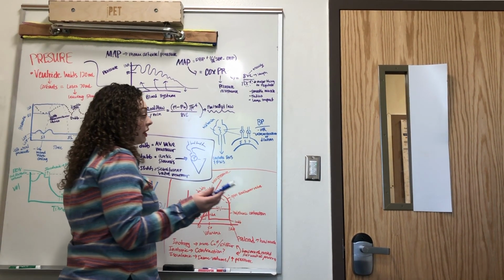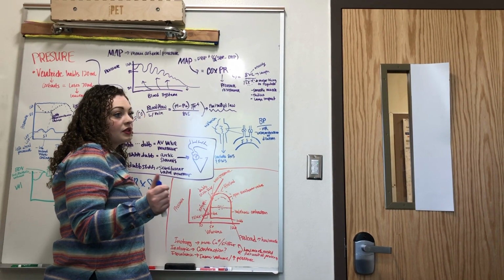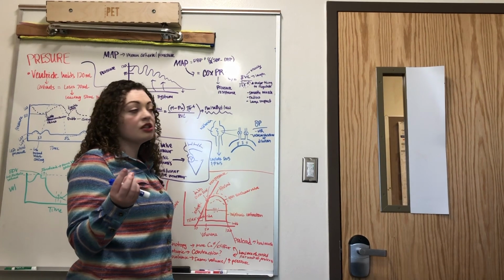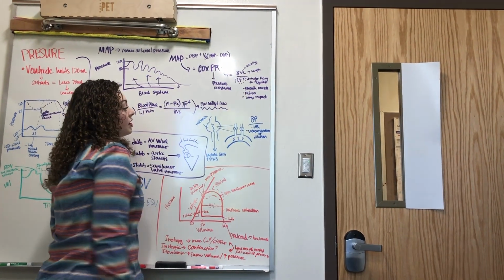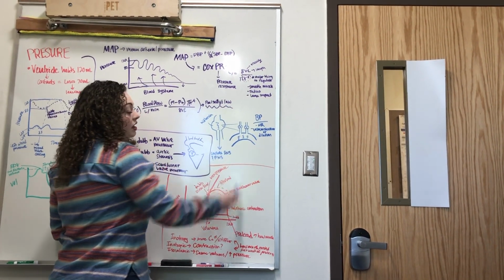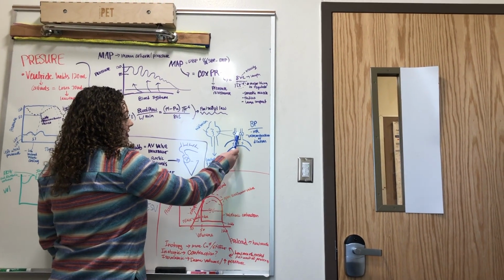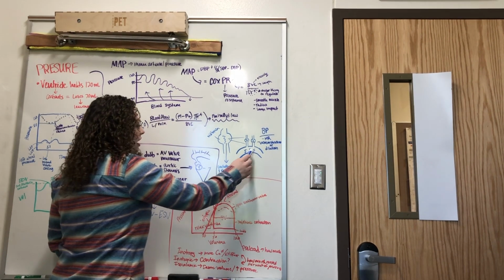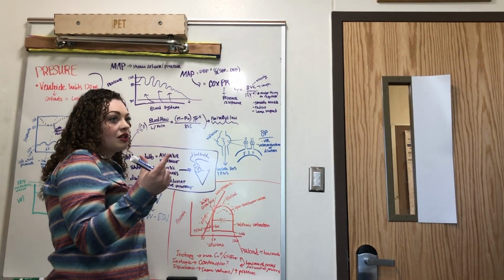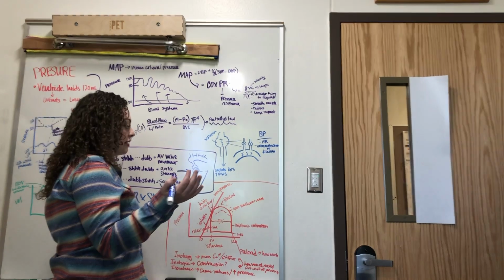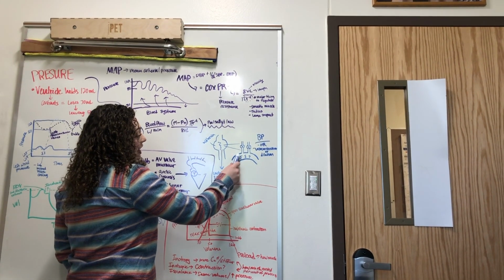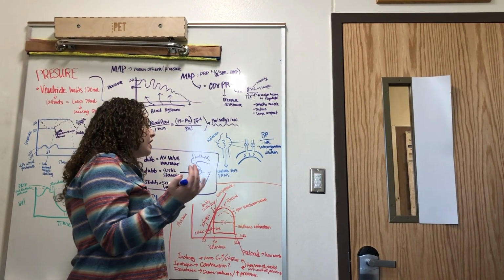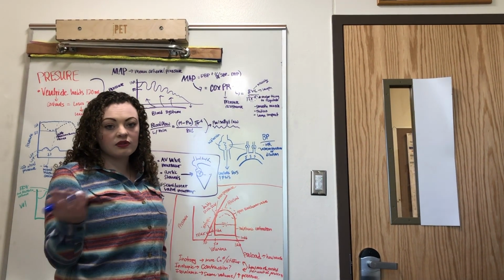So one more thing really quick. We're going to talk about baroreceptors and how our body knows that, hey, we've got a problem, we need to change these different variables. You have baroreceptors in the aortic arch and in all of your different arteries, and they sense a change and they go, oh, hey, we got a situation here. They send that information back to the midbrain, and that's where we get stimulation of either the SNS or the PNS, so fight or flight.